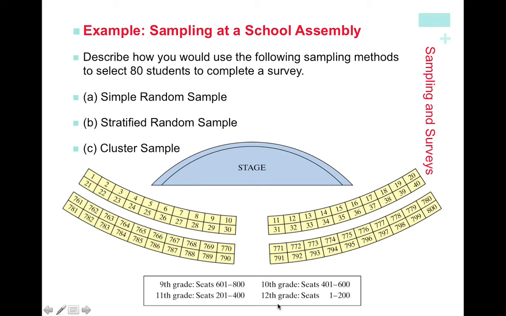Again, what's probably going to be an issue here is I'm going to get more than 80, so I maybe need to redefine. Maybe I cluster them by seats or something like that just to ensure I get the 80. But the easiest way to explain it right now is that you randomly select the groups when you do the cluster, and then you take all the people. With stratified, you're taking a random sample from all the groups.